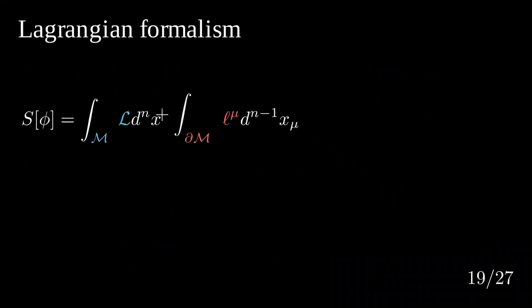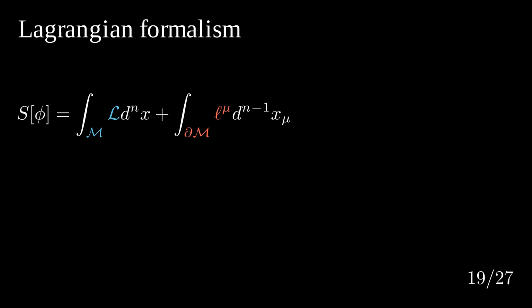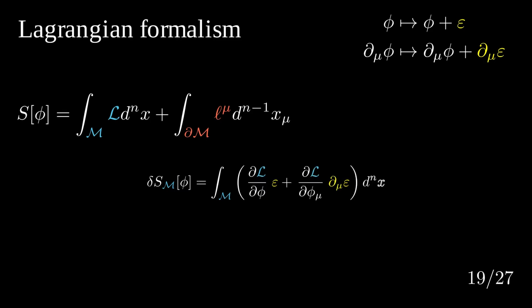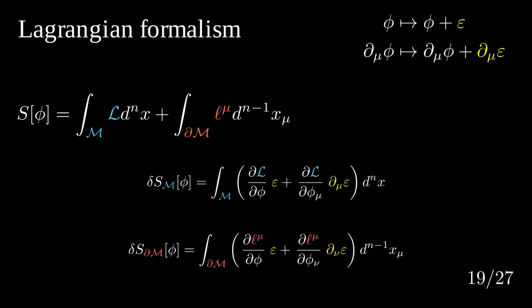So, in order to do this, we express the action in the typical way, and we are going to take a holonomic preserving variation of the fields, and take the variation of the action in the bulk, and the variation of the action on the boundary.